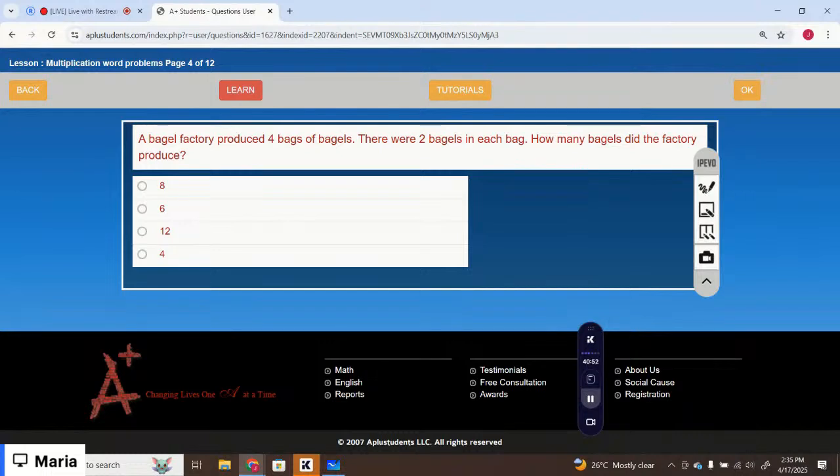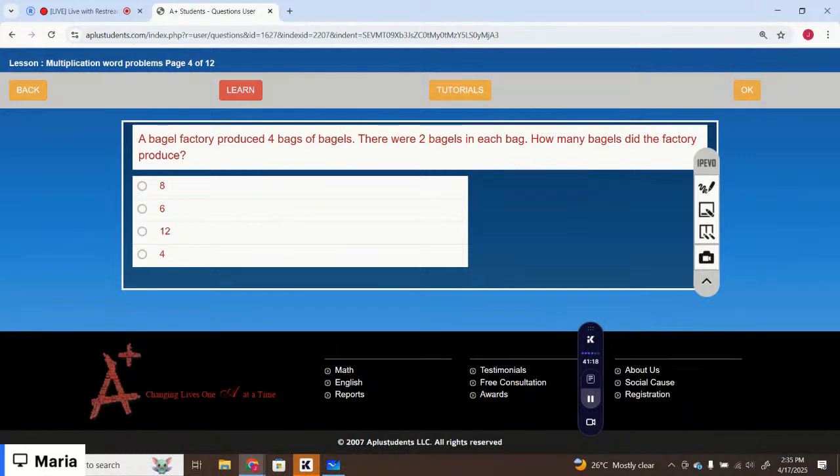A bagel factory produced 4 bags of bagels. There were 2 bagels in each bag. How many bagels did the factory produce? So which is the correct option? 4 times 2.